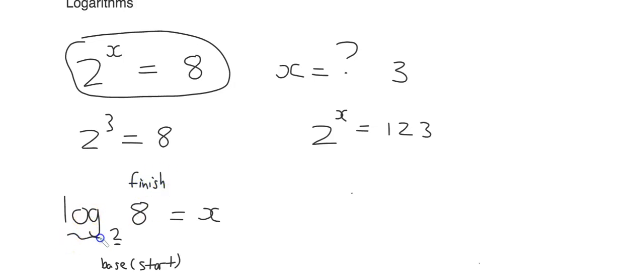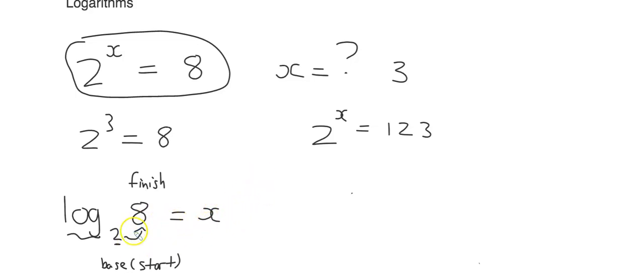Really what this log function does is it tells us how to get from the starting number to the finishing number using powers only. So how do we get from the base, or the starting number, to the finishing number, in this case 8, using powers only? At the moment that is x, we don't know it.